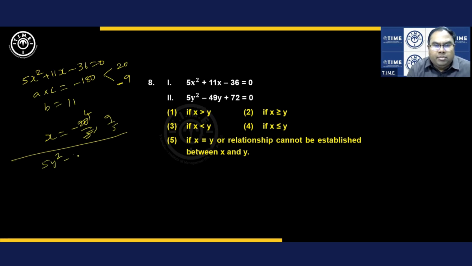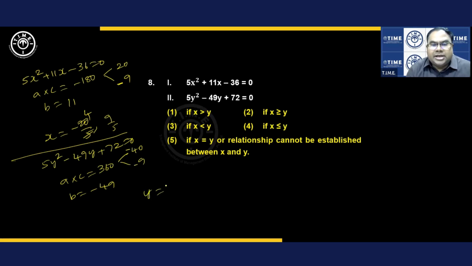5y square minus 49y plus 72 is equal to 0. A into c, 360, positive. 360 is 40 into 9. A into c is positive, so write b as sum of two numbers, right? So 40 plus 9 is 49. I want minus 49, so minus 40 minus 9.